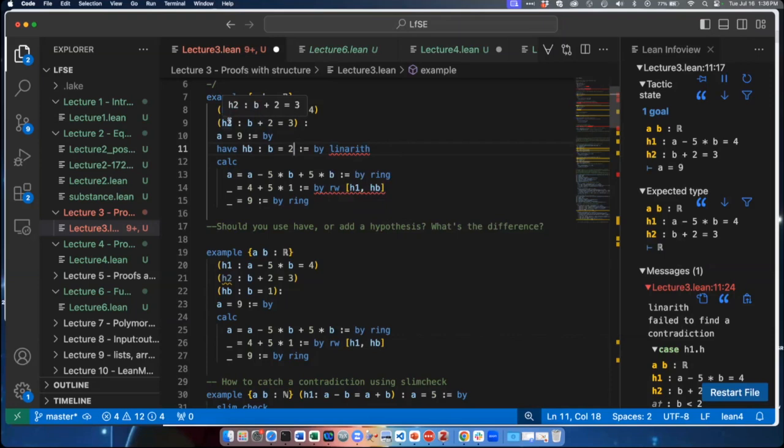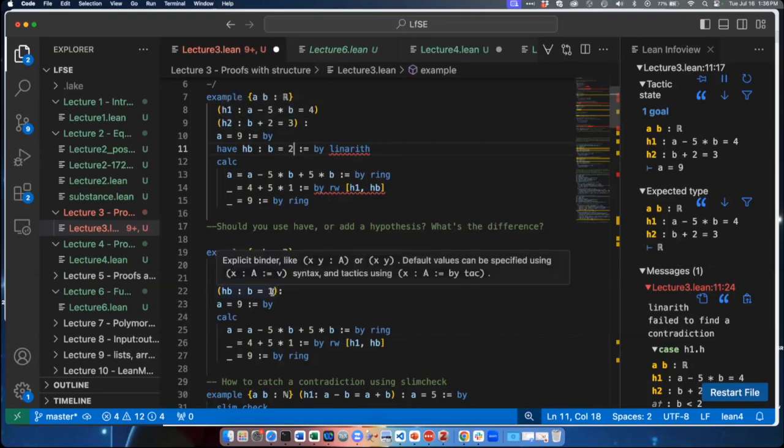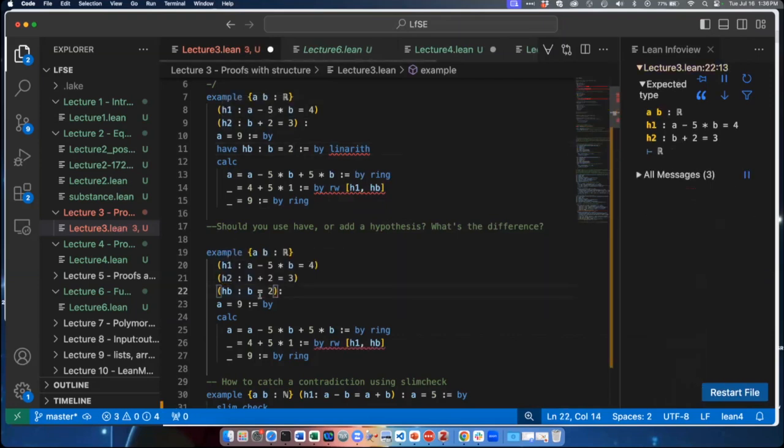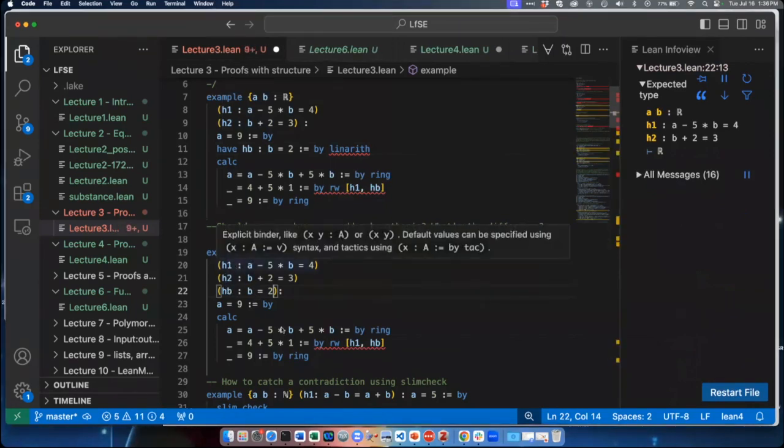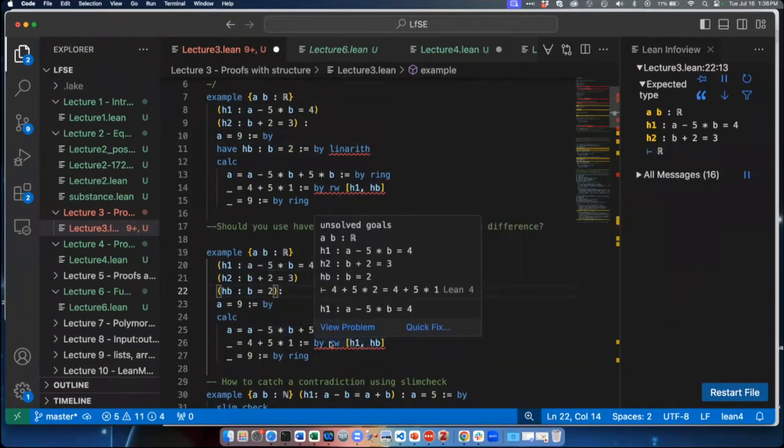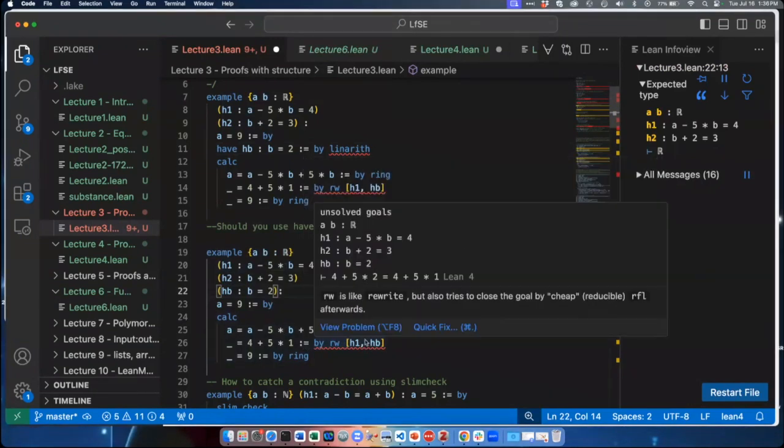That's the safety check here. I can't just go and define anything that I want and put it in a have statement. I can define anything that I want and put it into a theorem statement, but this proof step doesn't follow anymore.